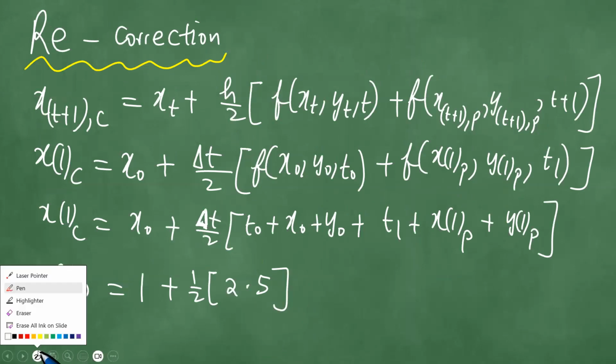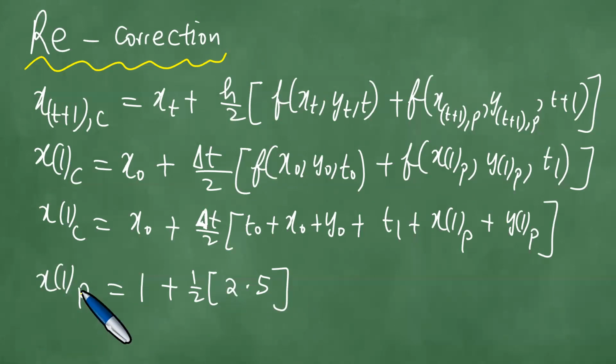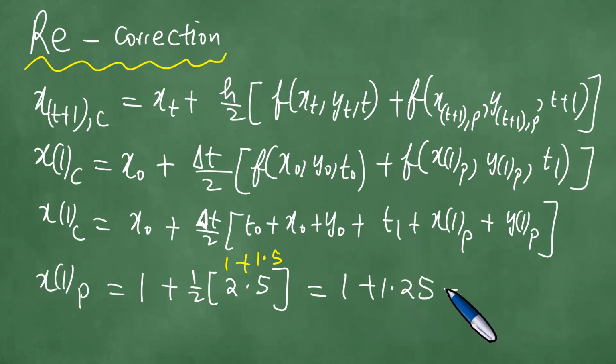Okay, if you don't want to put a 2.5 there, because that came from the previous x1 step, you can put here 1 plus 1.5. So that this becomes 1 plus 1.25, 2.25. Like this.